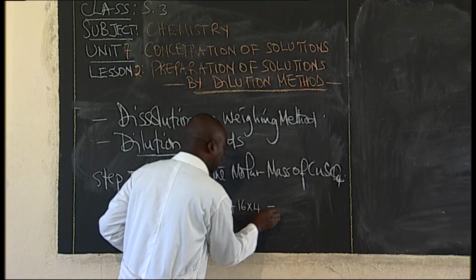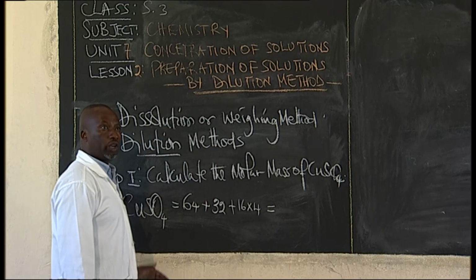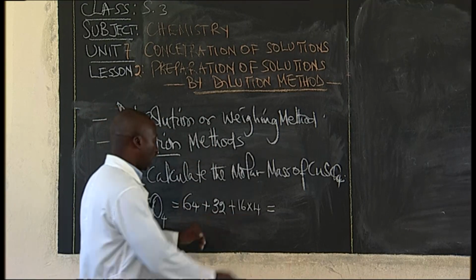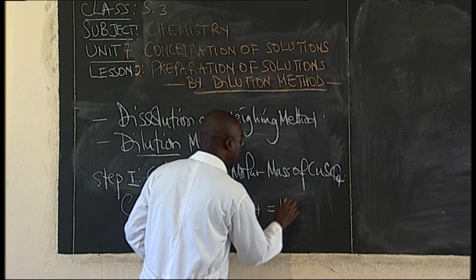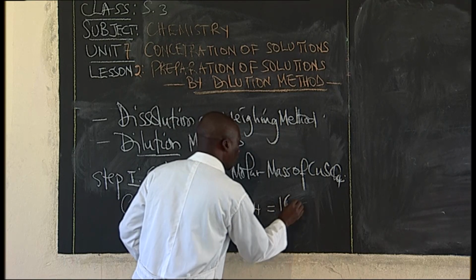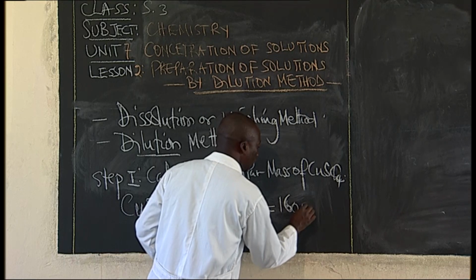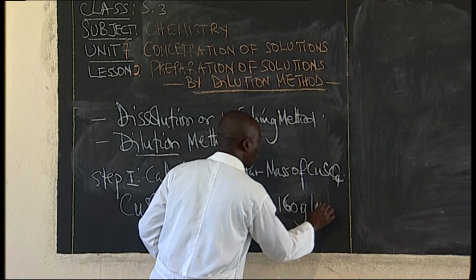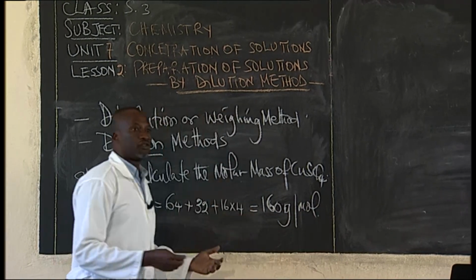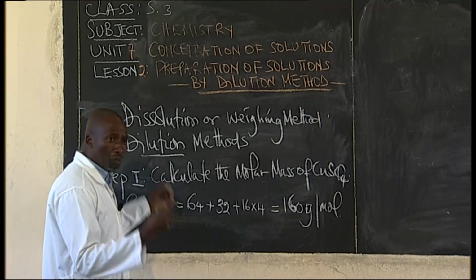So what do you get in total? That is the molar mass, 160 grams per mole. That is the mass that is equivalent to 1 mole.